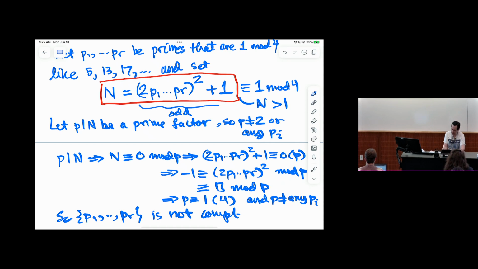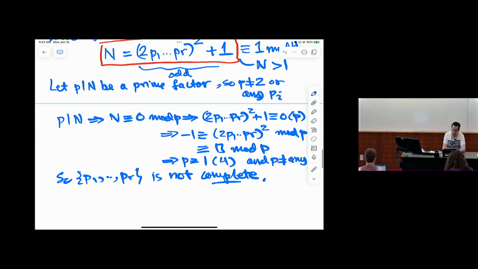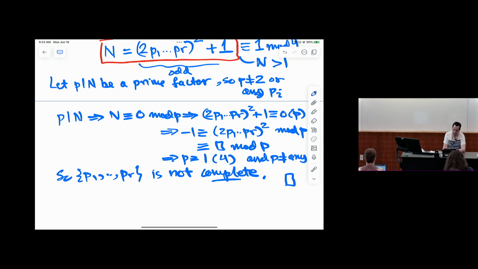No finite list of such primes is complete, and so therefore there are infinitely many primes that are 1 mod 4. Okay, so P is 1 mod 4, 3 mod 4. There are infinitely many primes of each type, and you can use this argument in certain other cases. So that ends the proof.